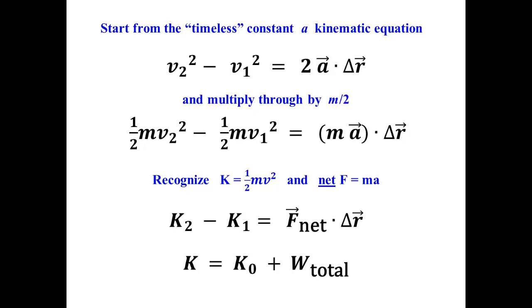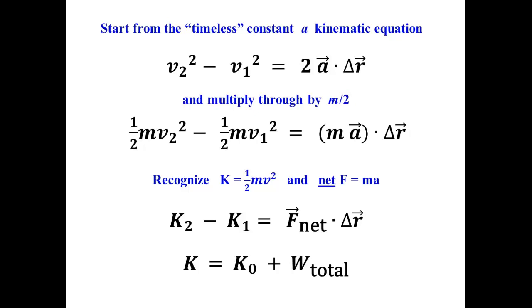And on the right-hand side, the 2's cancel, and we're left with ma, the net force, dotted into the displacement delta r. So we have kinetic energy at the second point minus the kinetic energy at the first point equals F net dotted displacement, which is work.